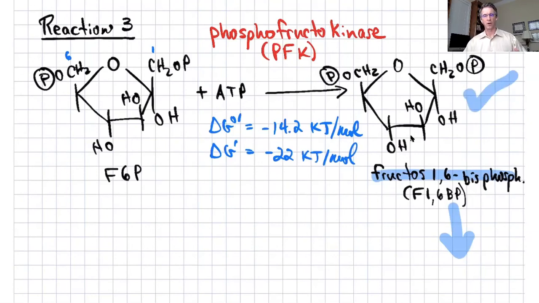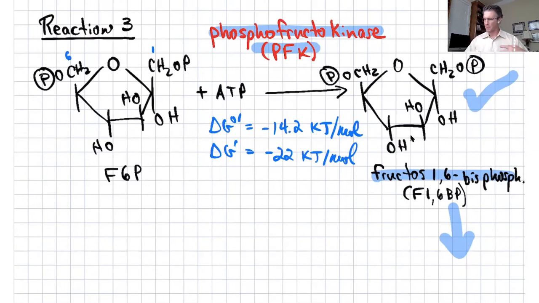It's going to go down the rest of the pathway. It's basically downhill from this point on. So that makes the PFK reaction the major committed step in glycolysis. When you get to the PFK reaction, you're committing to running glycolysis once you've made fructose 1,6-bisphosphate. So this, as you'll see later, is a major control point in glycolysis. What's going on with PFK is a big deal for regulating how this pathway runs.